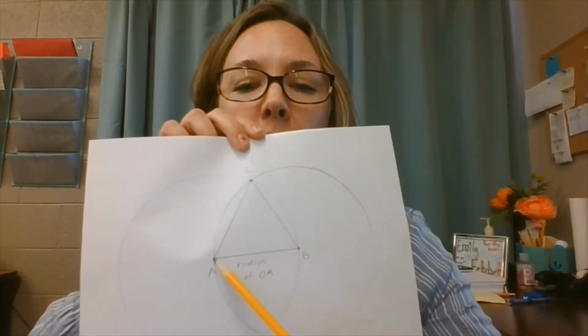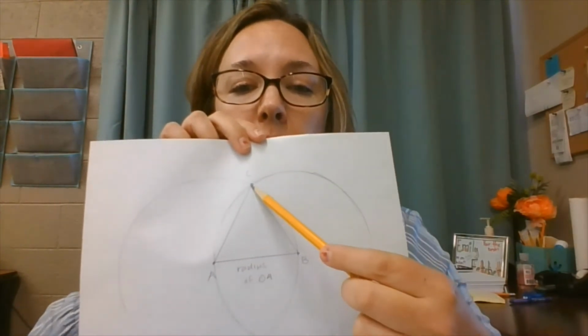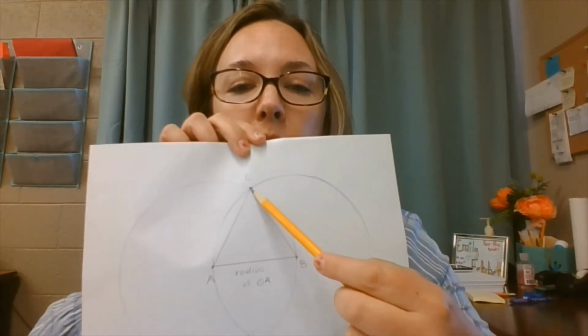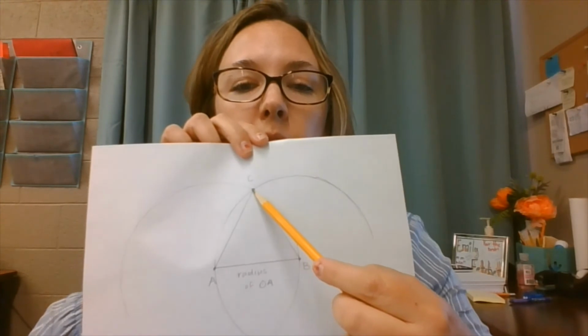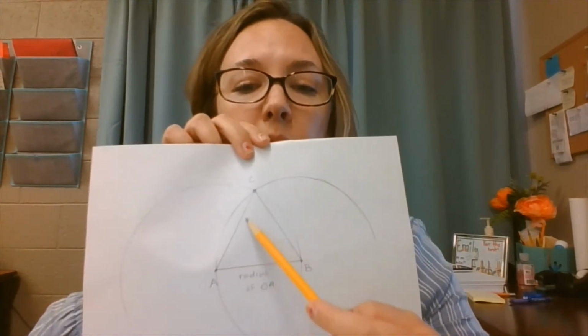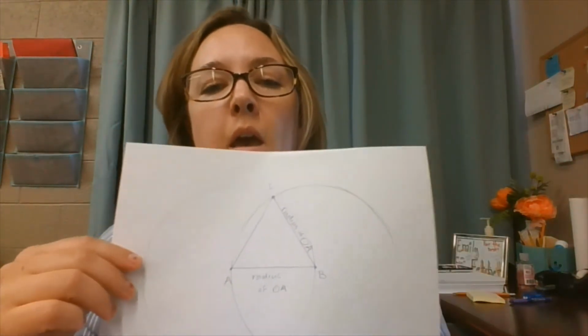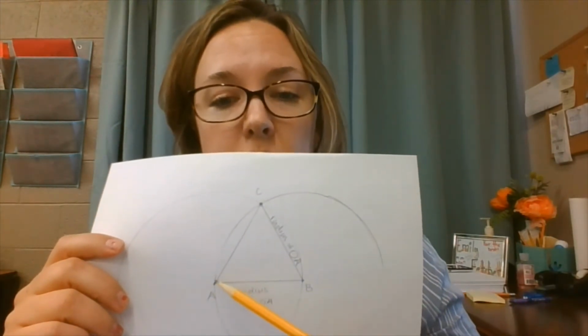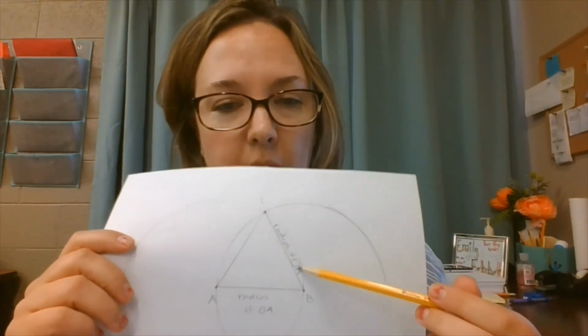So if we go from A to C, it starts in the center, this line segment, and it goes to the outer edge, or the circumference part of the circle. So that also is a radius of circle A. Okay, so we have 2 radii of circle A. All radii of any given circle are, whoops, I wrote that on the wrong one.